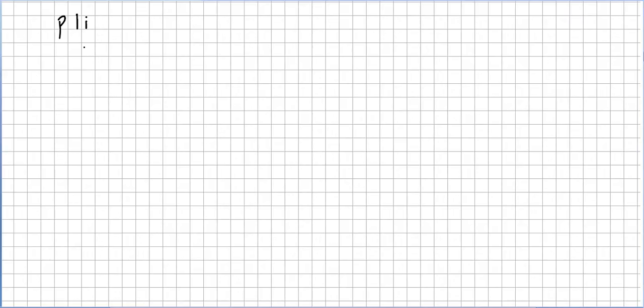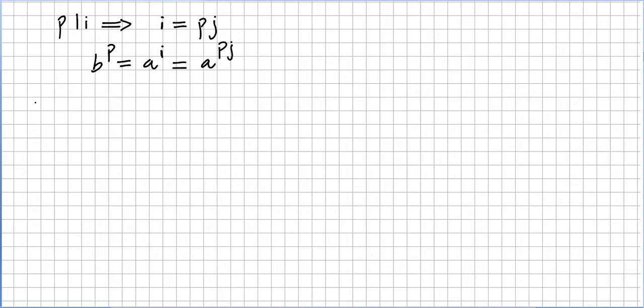Okay, so since P divides I, we can write this as I is equal to P times J. Okay, then we can say B to the power of P, please go back and check this, is equal to A to the power of I, and since I is equal to PJ, we can say that it is A to the power of PJ.